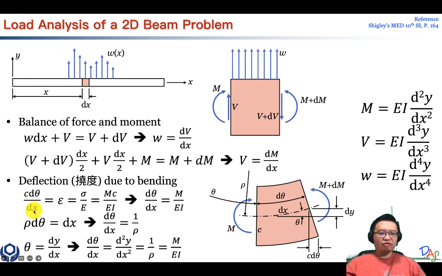So d theta over dx equals M over EI. That would be a very important equation, because this is how these three equations could be linked together: W linked to V, V linked to M, M linked to theta. This is how they are linked together.